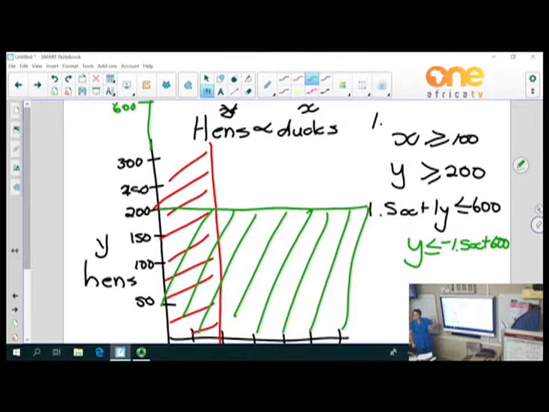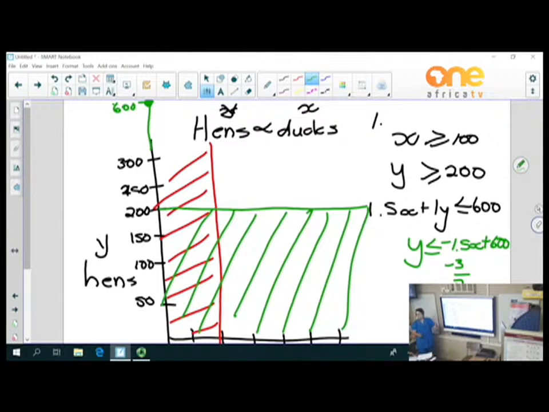Okay, now how do we draw the skewed line? That's why I taught you that. Where are you going to start? The y-intercept. So I'm going to start at 600. The board is too short here. It's a negative gradient, and 1.5 means negative 3 over 2. We're drawing the skewed line now.